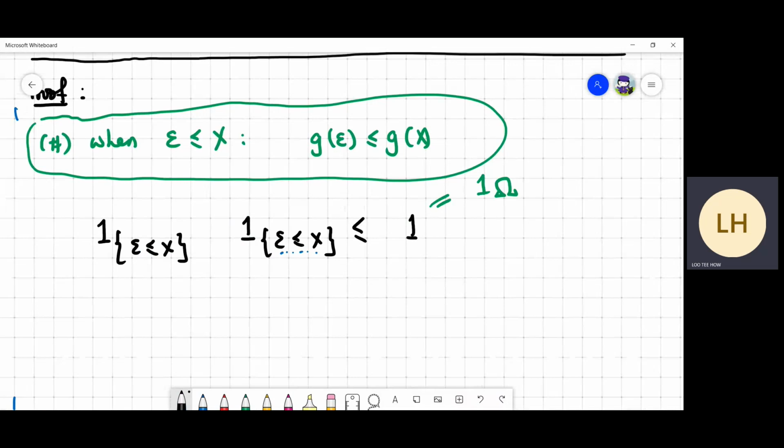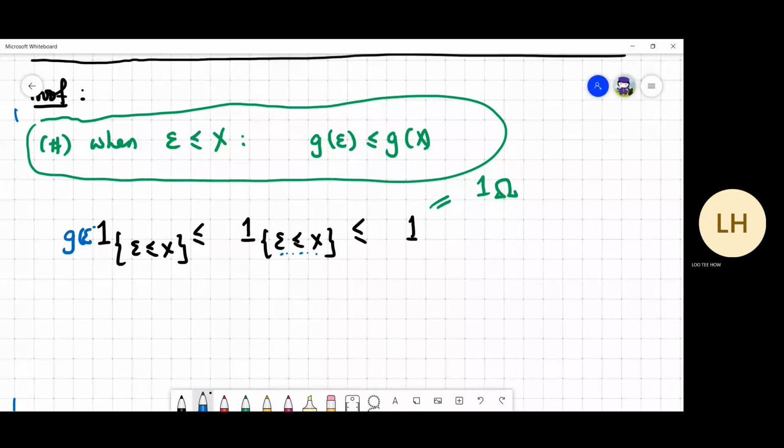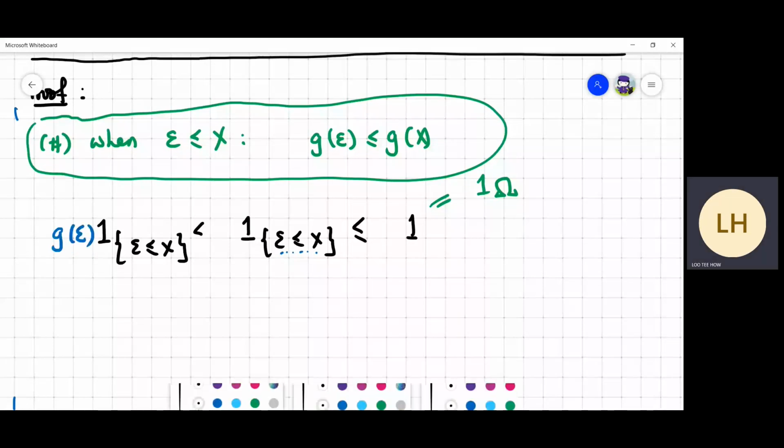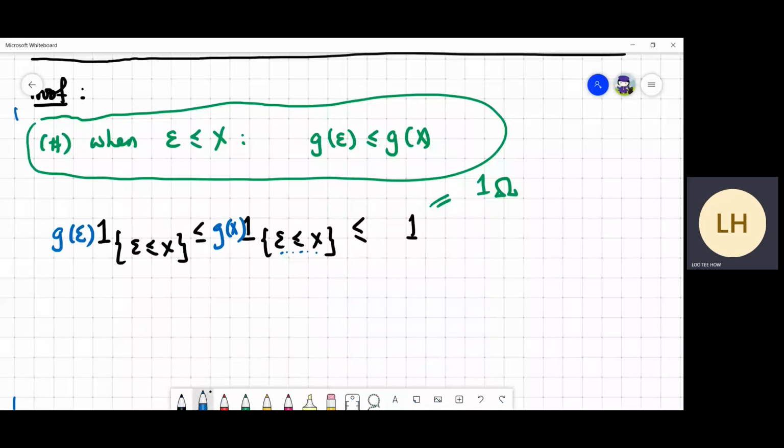If we restrict our discussion to this context, X is greater or equal to epsilon, then G of epsilon will always be less or equal to G of X. So that's why we can have this inequality: G of epsilon is always less or equal to G of X, because of the property above.